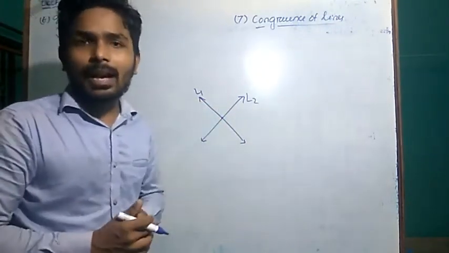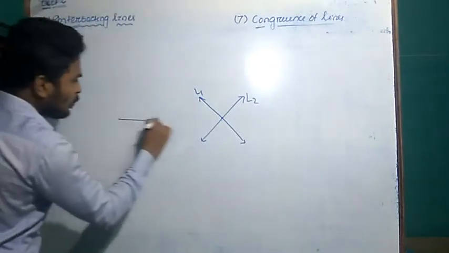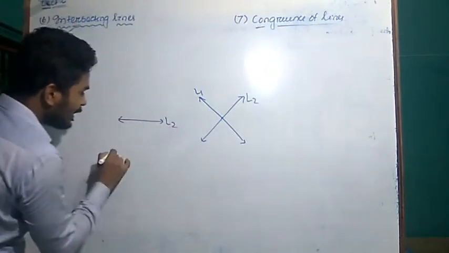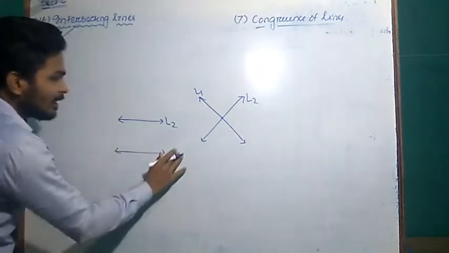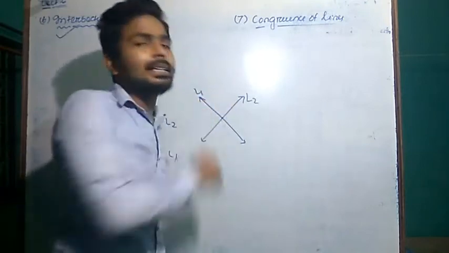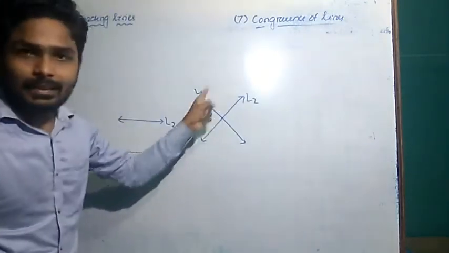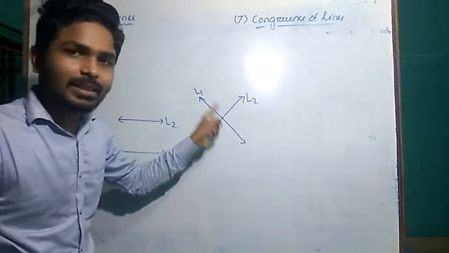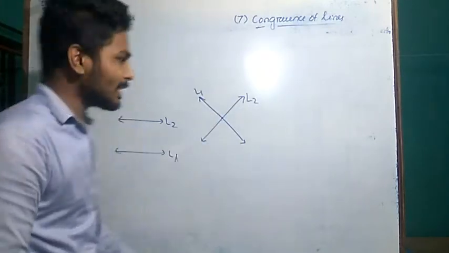In case of parallel lines, remember that two lines never meet each other. But in case of intersecting lines, they will meet each other.